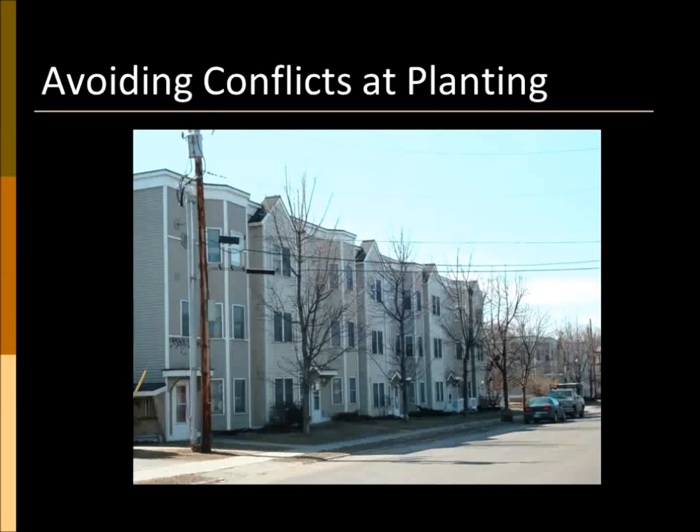Avoiding conflicts at planting. This is a good one because I think you'll run into this. So again, it's choosing the right tree for the right place and looking at all of the issues. Here you've got the building, and if you look at the green belt here, it's very narrow.